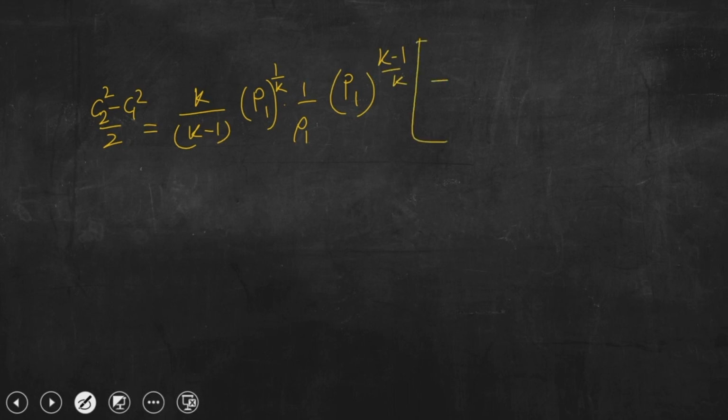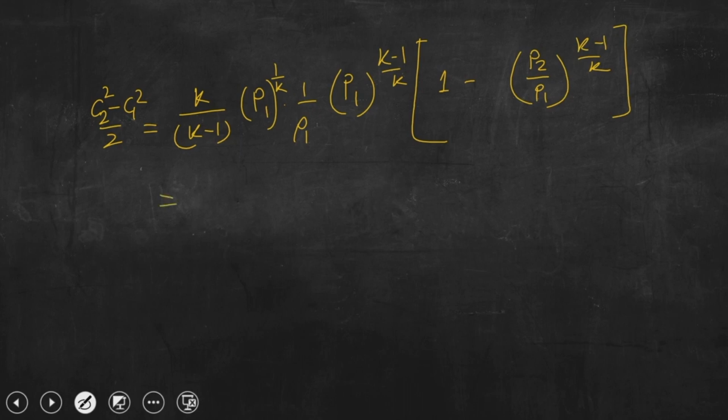Our objective is to write, so this should be 1 minus P2 by P1 power k minus 1 upon k. So, this is the final expression.